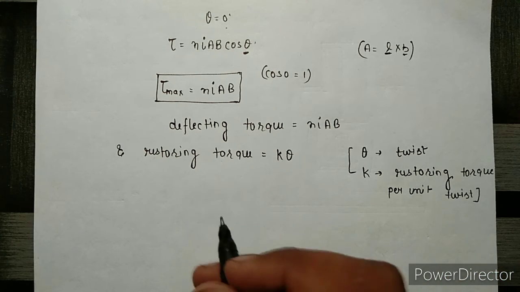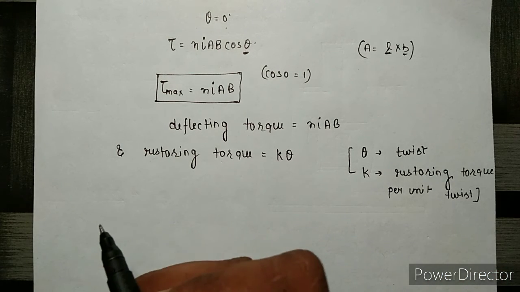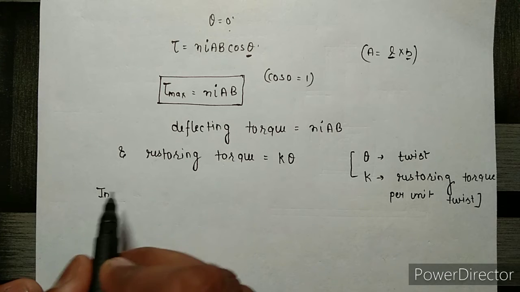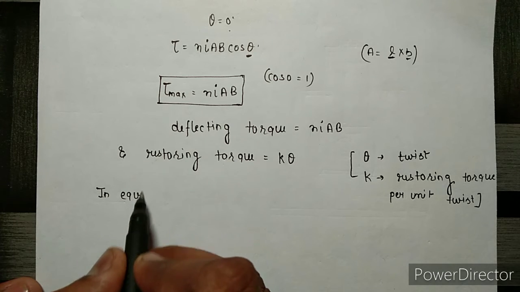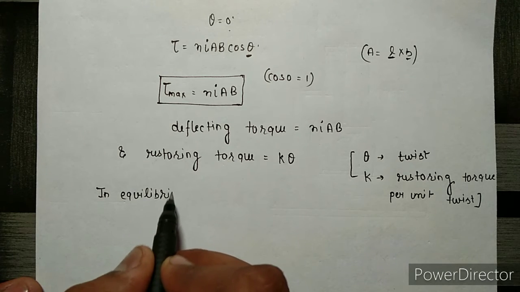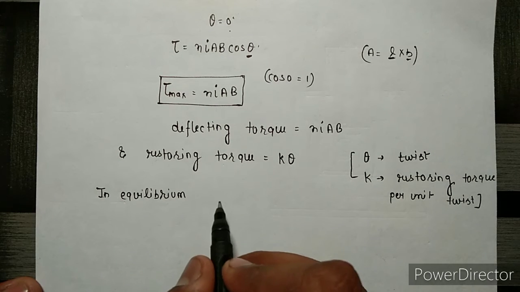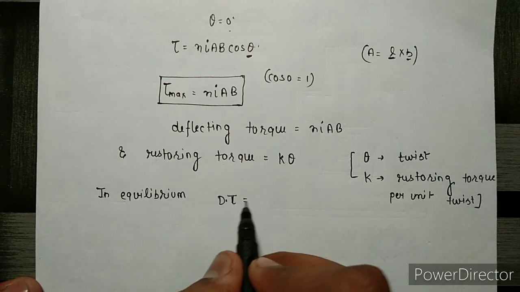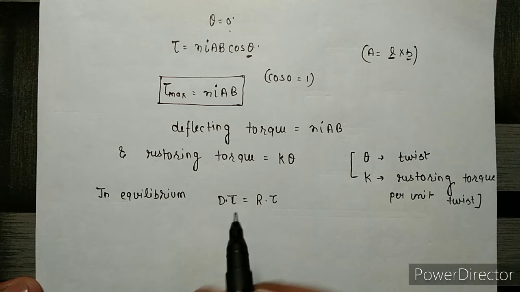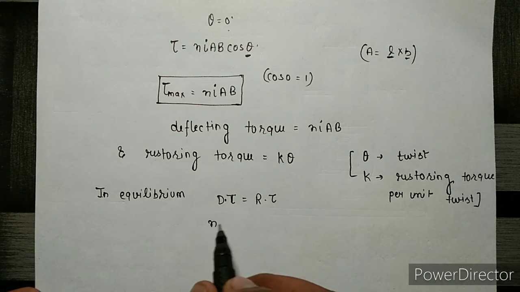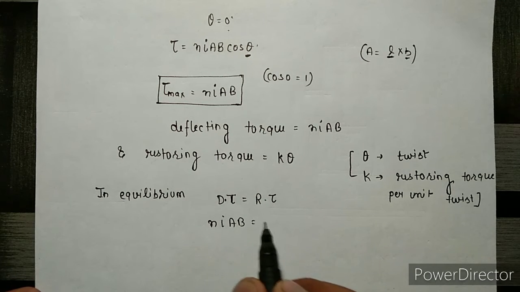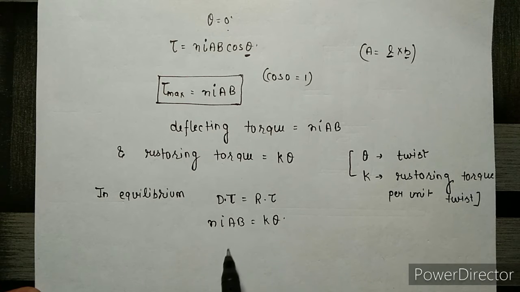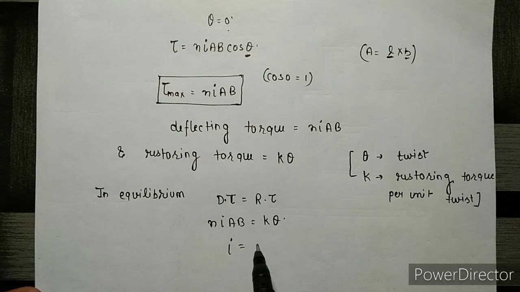So in equilibrium, deflecting torque is equal to restoring torque, so we can write NIAB is equal to K theta, and I is equal to K upon NAB into theta.